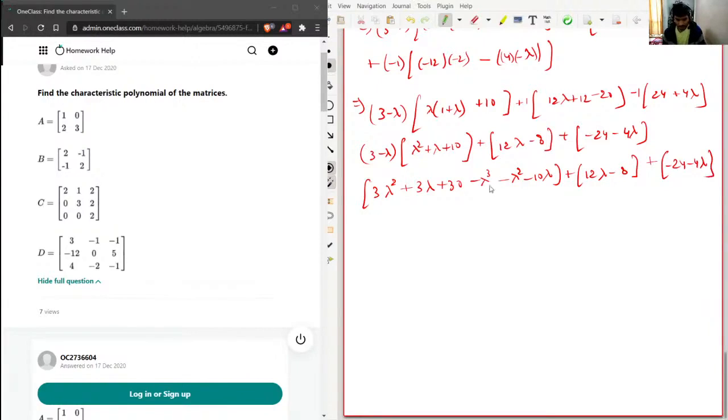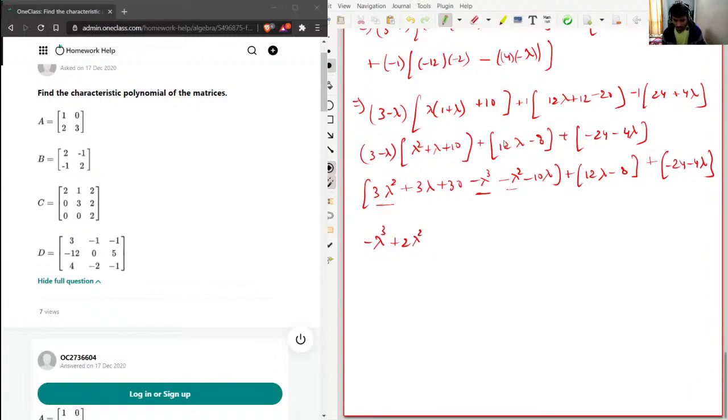First I'll start with the higher power elements, lambda cube. There we just have 1 lambda cube. Then I'll go for the square terms, so I have these two terms for square, so this will be 3 minus 1 will be 2, so this will be plus 2 lambda square.